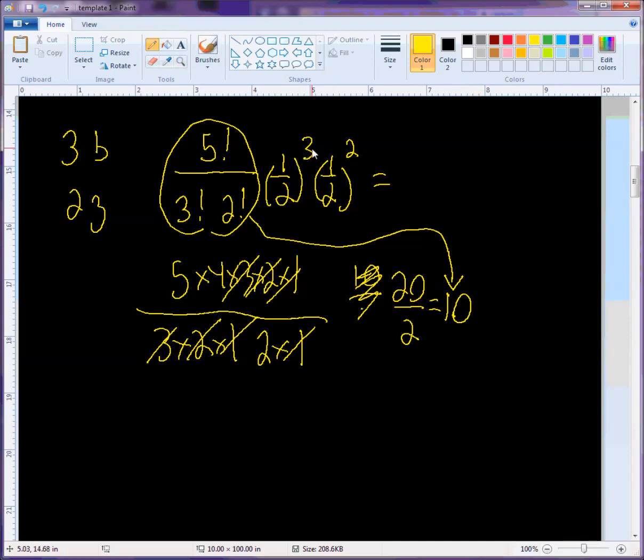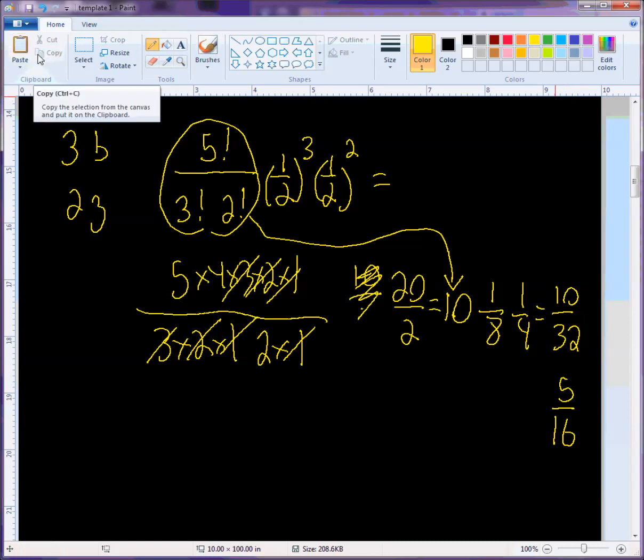Okay, so 1/2 raised to the 3rd is going to be 1/8, and 1/2 squared is going to be 1/4. So this is going to be 10 over 32, or 5 over 16. Okay, so the answer to that should be 5 over 16. So there's a 5/16 chance of having 3 boys and 2 girls in a family of 5.